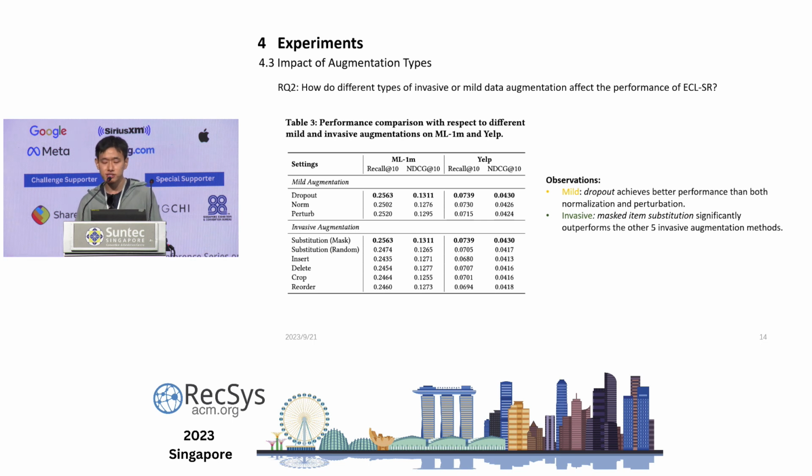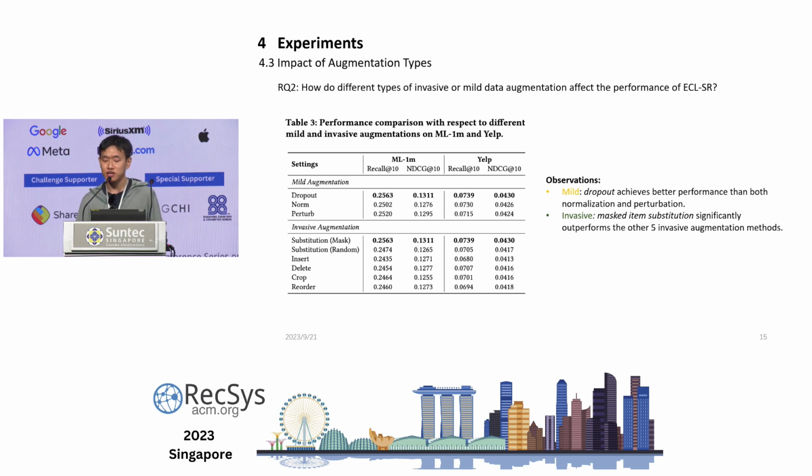For a fair comparison, we fix the invasive augmentation, namely mask item substitution, and we use grid search to obtain the best performance of our framework with respect to these three different mild augmentations on the MovieLens 1M dataset and Yelp dataset. The results are shown in this table. We can observe that dropout achieves better performance than both normalization and perturbation.